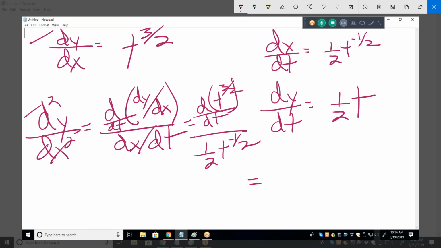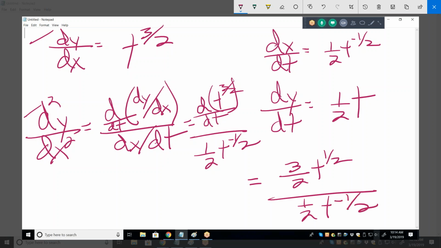The derivative of the numerator is 3/2 t to the 1/2, right? And the bottom is 1/2 t to the minus 1/2. And that comes out to be 3t. The 2's cancel, bring the bottom t to the top, and you end up with 3t.